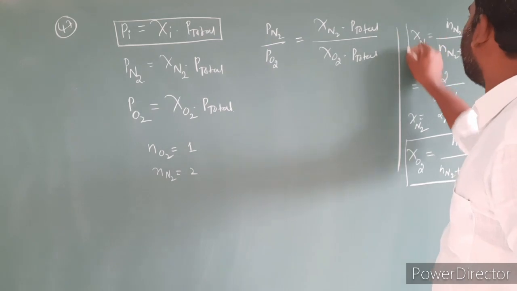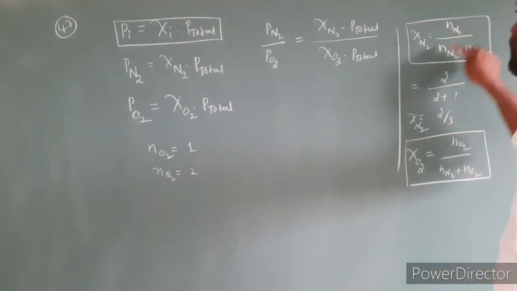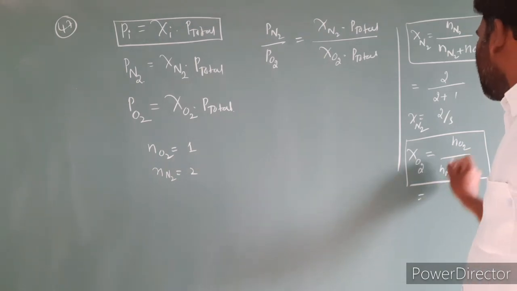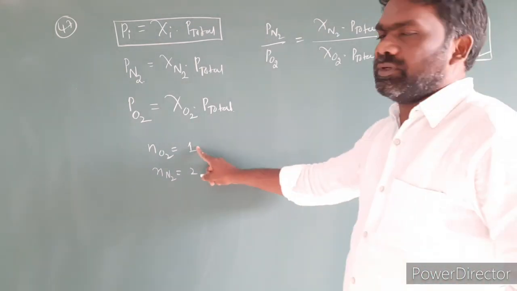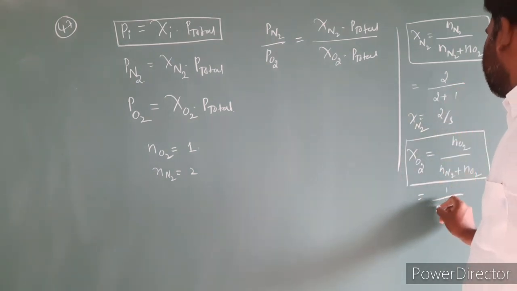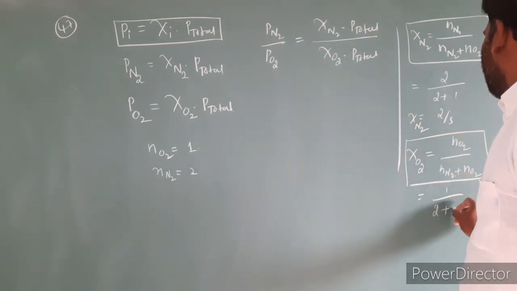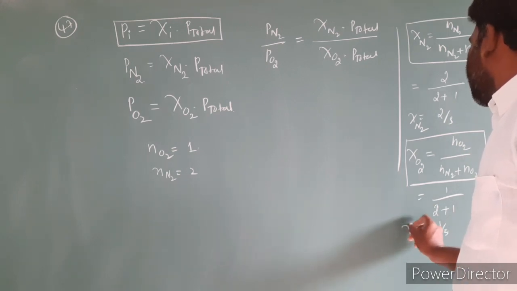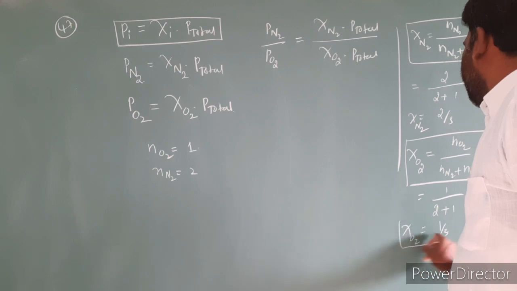The number of moles of oxygen given is 1, so it is 1 by 2 plus 1, that is equal to 1 by 3. So the mole fraction of oxygen is 1 by 3.